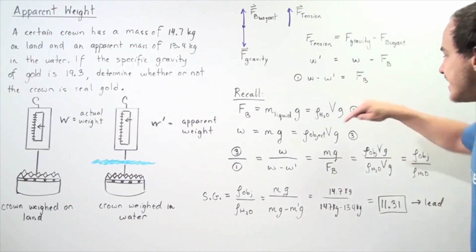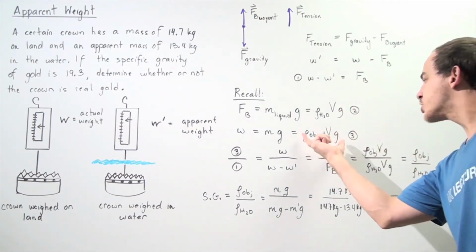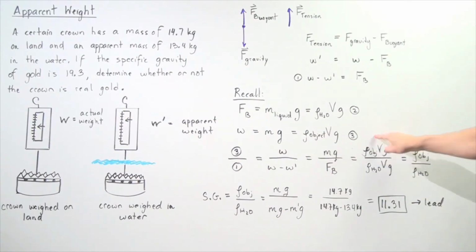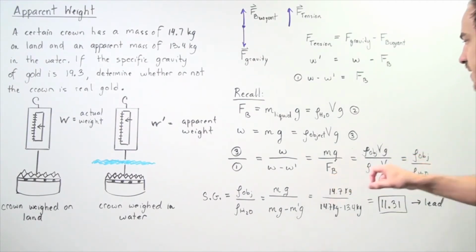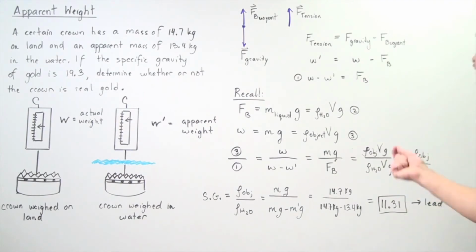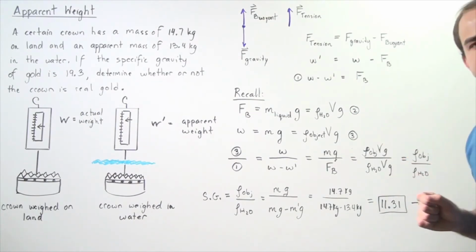So now we replace M times g with this quantity, the density of the object multiplied by the volume of the object multiplied by our gravitational constant g, and F_B is equal to the density of the liquid multiplied by the volume that the object takes up, so these V's are the same, multiplied by the gravitational constant g.